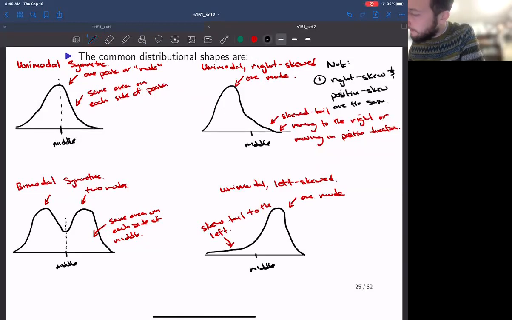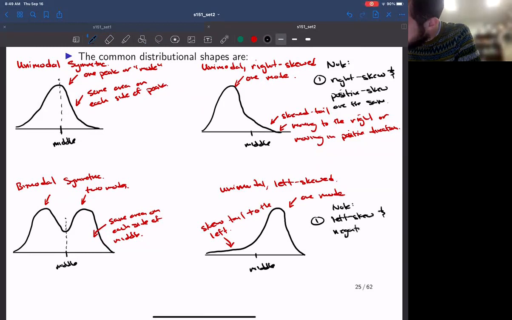And in this case, just like before, we can say left skew and negative skew are the same.